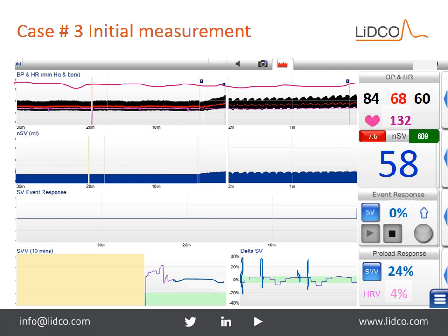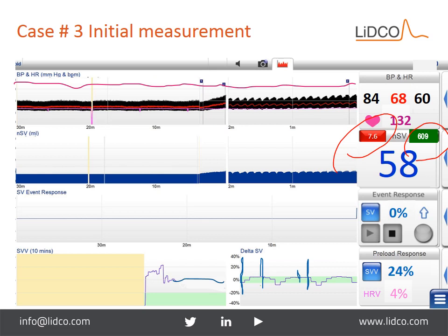She clearly has a healthy heart, and that's the only reason that she has a cardiac output of 7.6 here, with a stroke volume of 58, which is a little low, and way vasodilated out with an SVR of 609, which is another indication of sepsis, and in this case, shock, because whatever we're doing is not working yet.